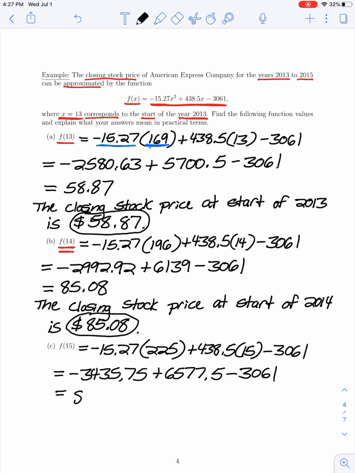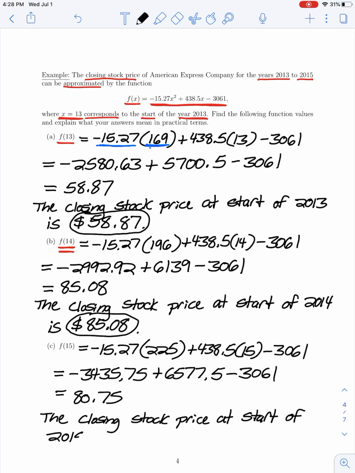So this leaves us with 80.75, and our interpretation would be similar to parts A and B. We would say the closing stock price at the start of 2015 is $80.75.